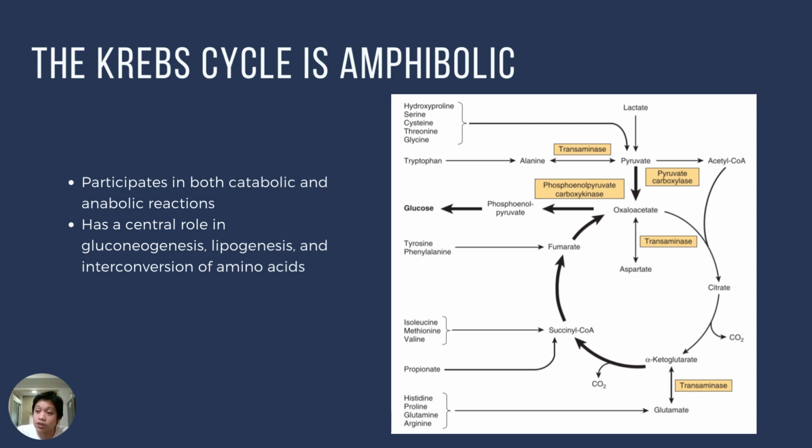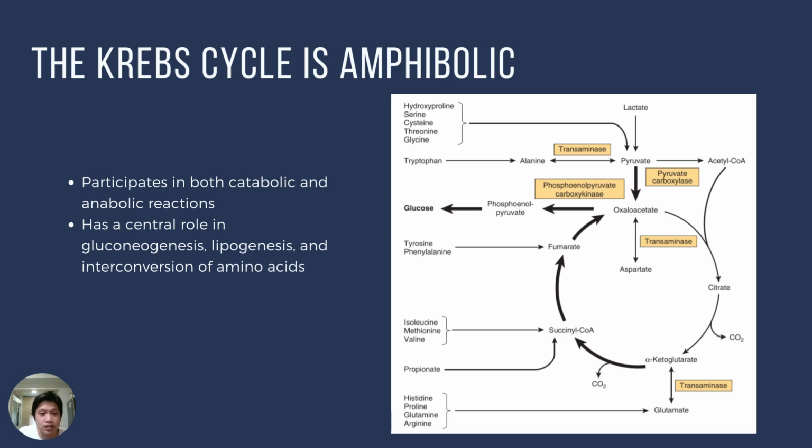Propionate, which has 3 carbons, can be mutated or transformed in structure and then enter the Krebs cycle through succinyl coenzyme A. This step right here, propionate to succinyl coenzyme A, requires vitamin B12 or cyanocobalamin.